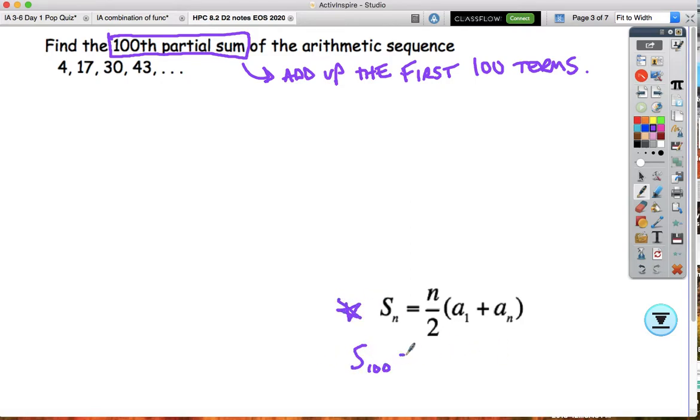So here's the things I know right now. I know that there's 100 terms I want to add up. I know the starting term is a 4. The only thing I don't know yet is what my ending term is. That is my ending term, which would be the 100th term.